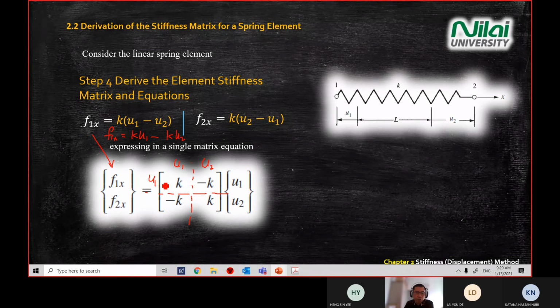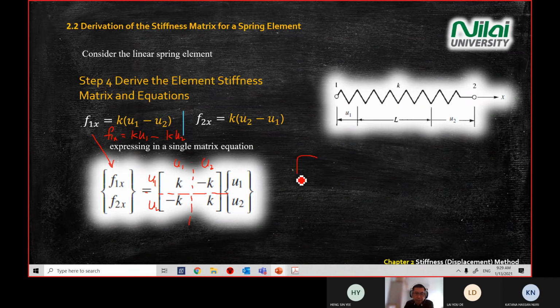You don't care about U2 for row 1. So row 2 will only care about U2. Try to understand the coordinate, or where all these elements will link up.